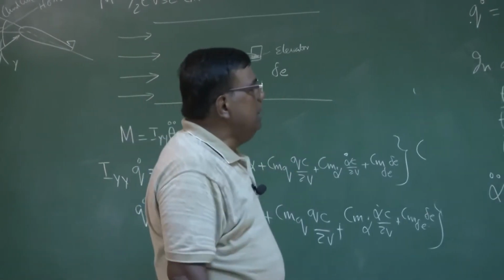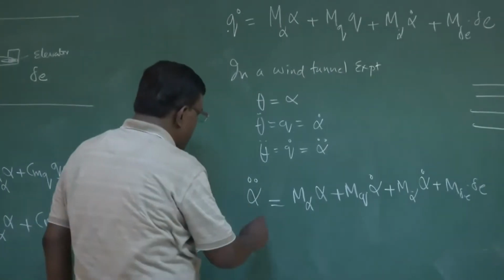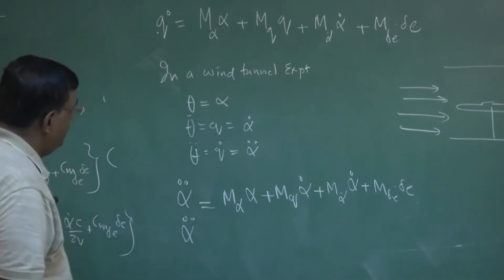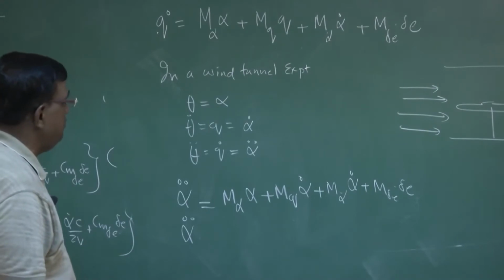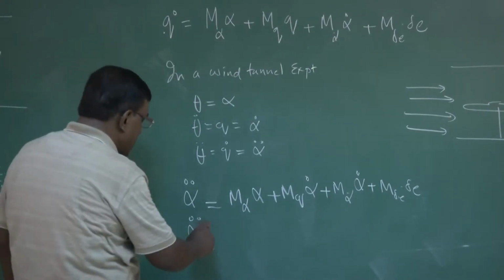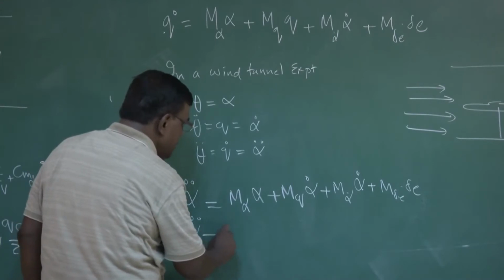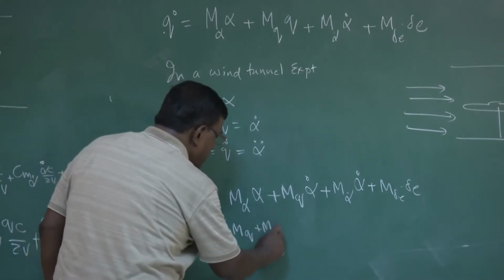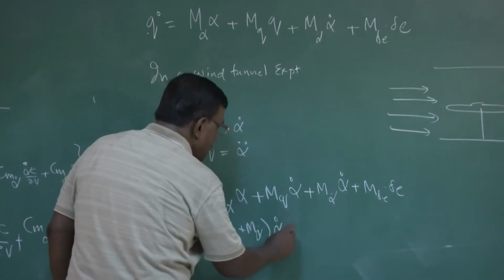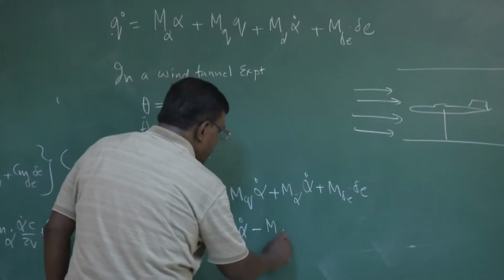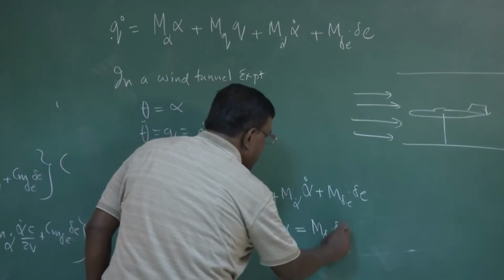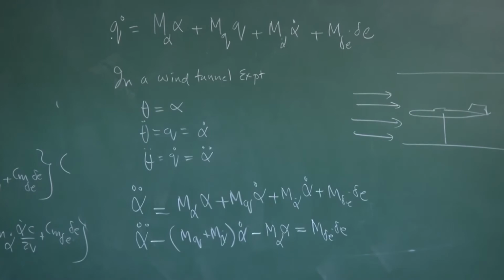Right. Now, I'll do a little manipulation because I want a mass spring damper type equation of motion. So I'll write it like this: alpha double dot minus (mq plus m alpha dot) into alpha dot minus m alpha into alpha equal to m delta E into delta E. Okay?